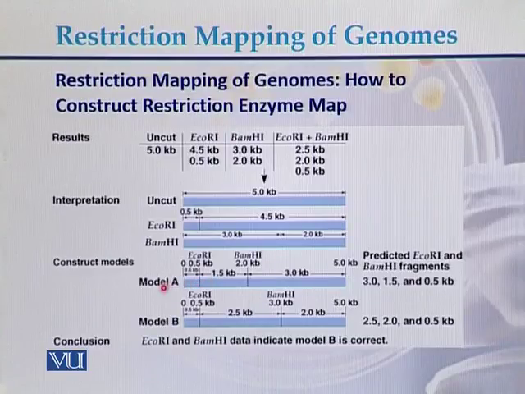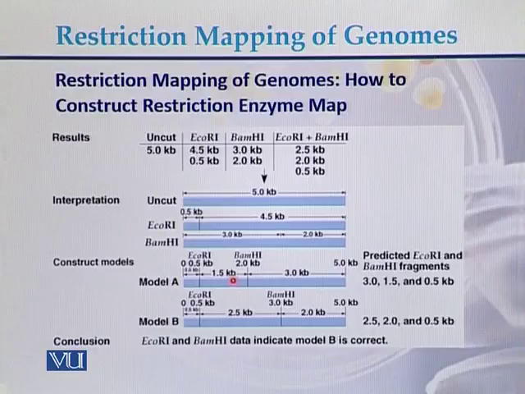So we have two models, model A and model B. In case of model A, we suppose that the site for EcoR1 is here because 0.5 and then the 4.5 is here, while the site for BamH1 is here, meaning this is 3 kb and this is 2 kb.